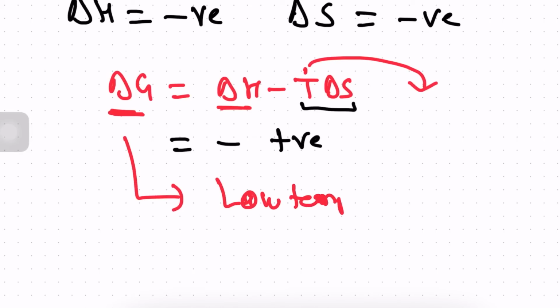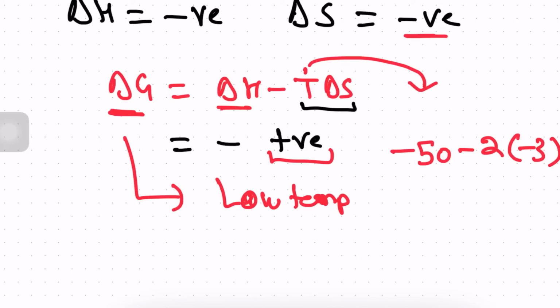In that situation, this value will be less. Let's suppose delta H is minus 50 and the temperature is just 2, and delta S 3. Here we have to take delta S negative, it is minus 3.